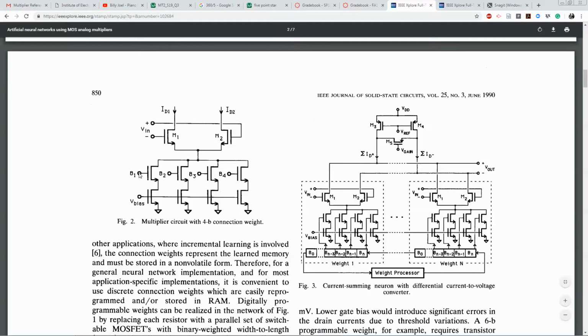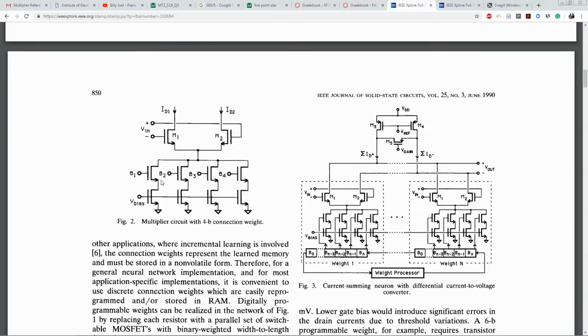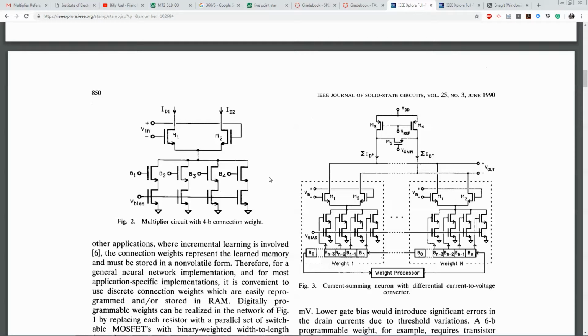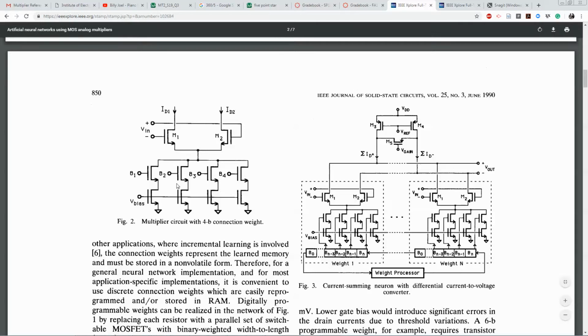Here you have these weighted currents that there's four choices here, so there's 16 possible configurations if they're at different widths. Like if this is a 1 to 1 and 2 to 1 and 4 to 1 and 8 to 1, it's kind of like digitally weighted. So really, you turn this off or on and get a current, which then you're multiplying that current by this.